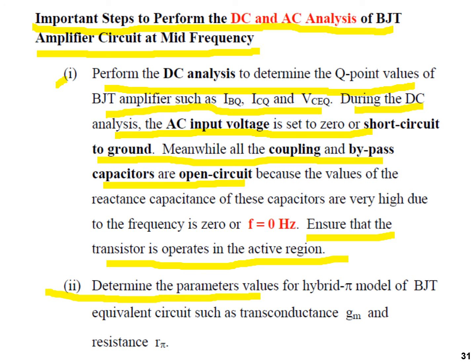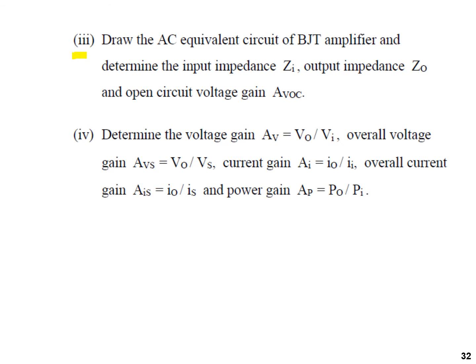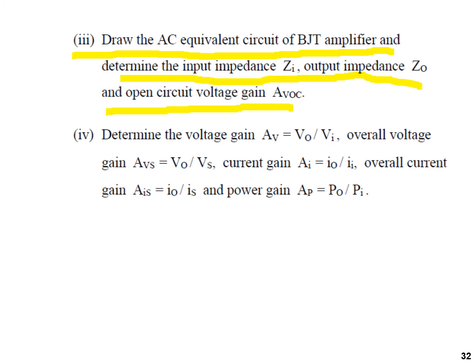Second, determine the parameter values of the hybrid pi model of the BJT equivalent circuit such as transconductance gm and resistance r pi. Third, draw the AC equivalent circuit of the BJT amplifier and determine the input impedance Zi, output impedance Zo, and open circuit voltage gain AVOC. Fourth, determine the voltage gain AV equals VO over VI, and overall voltage gain AVS equals VO over VS.